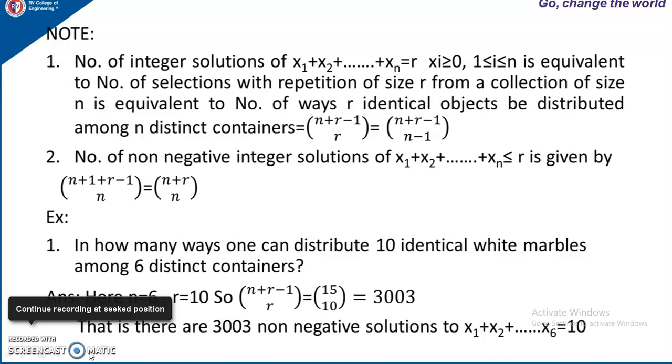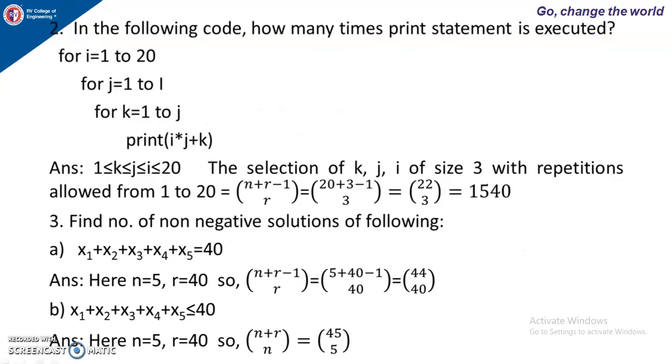Here n is equal to 6, r is equal to 10. So 15 choose 10 will be the answer, which is equal to 3003. That is, there are 3003 non-negative solutions to x1 plus x2 plus x3 up to x6 is equal to 10.